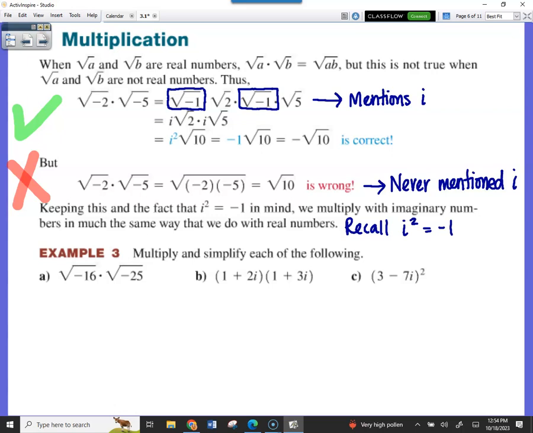Address the i first. Both of these are perfect squares. So this ends up being 4i. This ends up being 5i. I get 20i squared. What is i squared? It's negative 1. So this is the same thing as 20 times negative 1, which is negative 20.